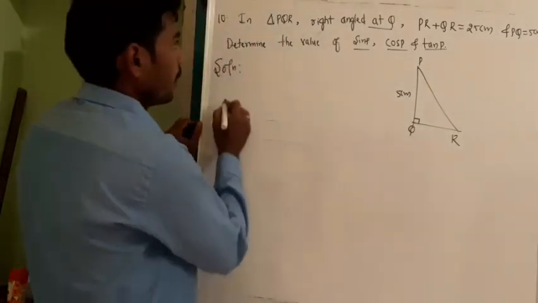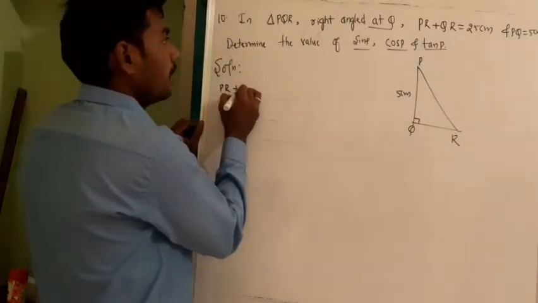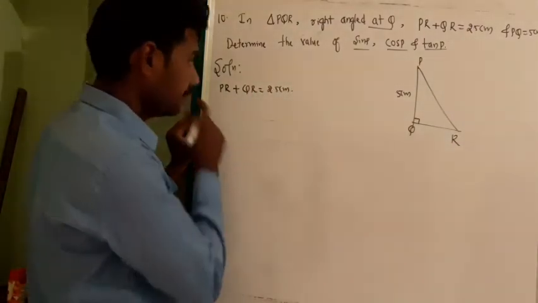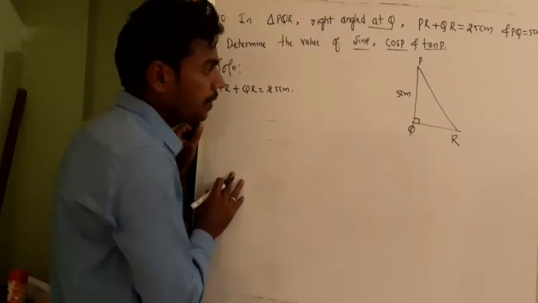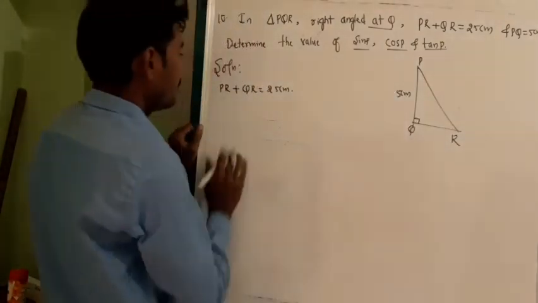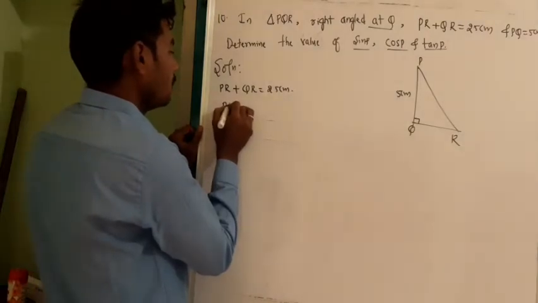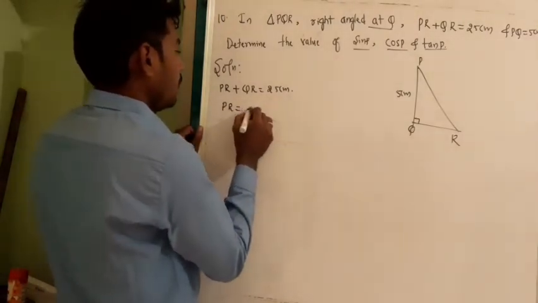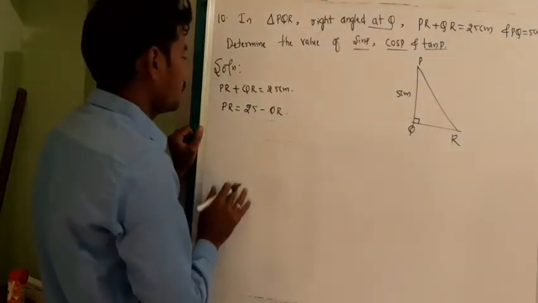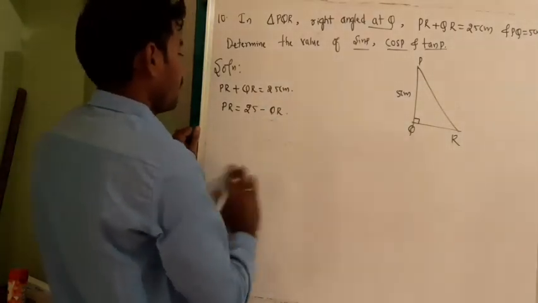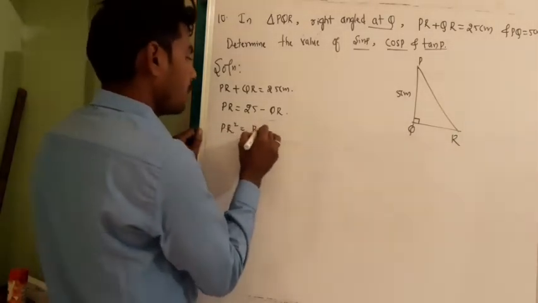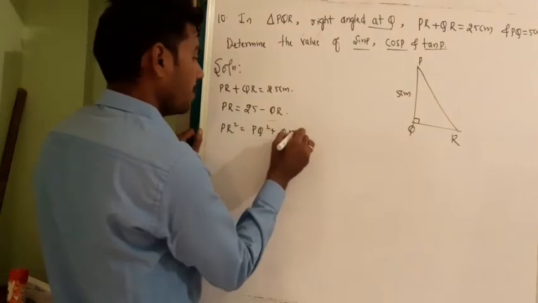Given PR plus QR is equal to 25 centimeter. Fine. So, what we need to calculate, either you can calculate QR or PR. Either way you can calculate. So, PR is equal to 25 minus QR. Now, what can we write? PR square is equal to PQ square plus QR square.